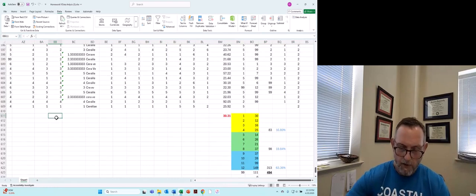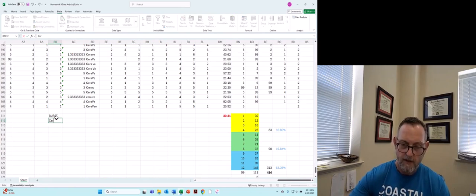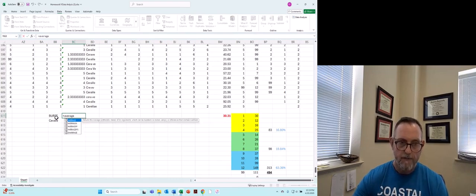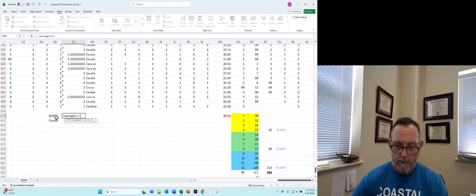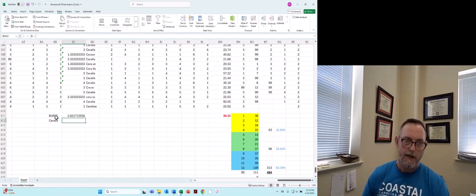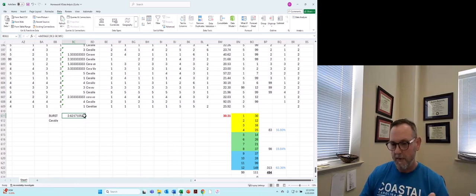So we have our Burst, and we have CeraVe, and we're going to do an average score. This is column BC, and we're going to go from 2 to BC 305, I think it might be. And it's going to be 2.62. Again, this is not a percentage.